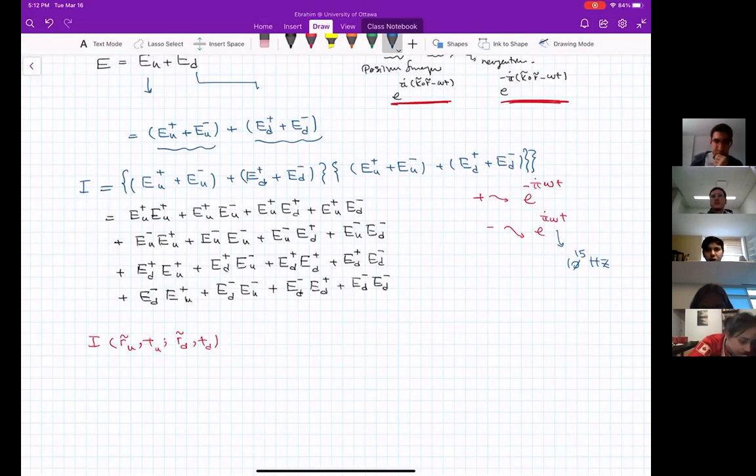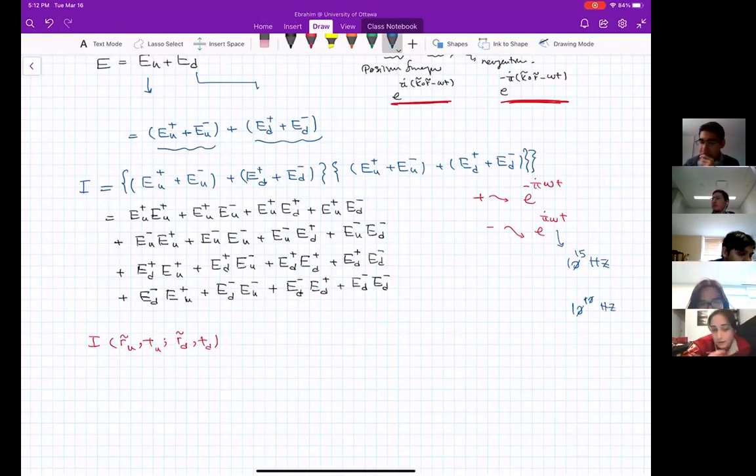So the fastest one that we can get is, let's say, 10 to the power of 10 hertz, which is what I'm telling about the time resolution. You will get the frequency of 10 to the power of 10, not more than that. So these frequencies are already 5 orders of magnitude higher than these.